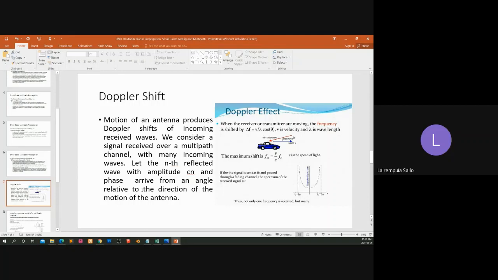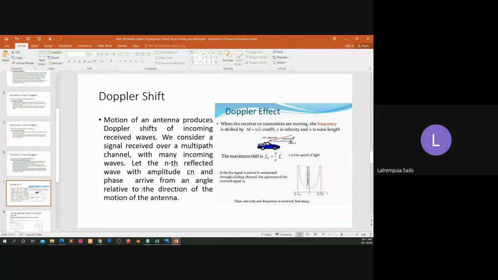Motion of an antenna produces Doppler shift of the incoming received wave. We consider a signal received over a multipath channel with many incoming waves.